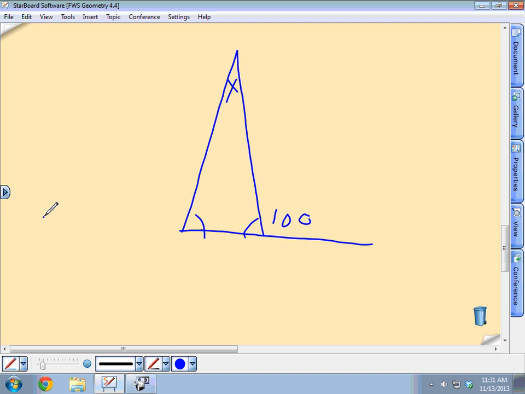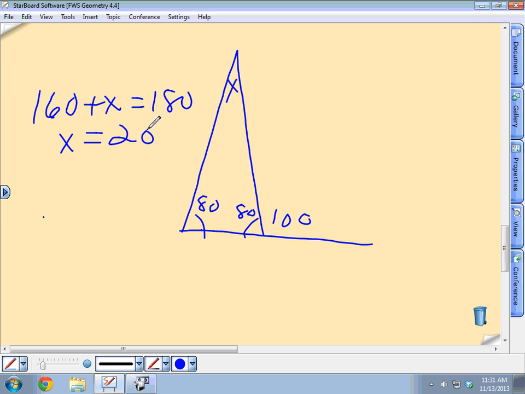This whole angle here has to be 180, right? Okay, yeah. So this one is 80, and then this is 80, right? So what do you got? Okay. So 40 would be x. Wait, 20. Yeah, 20, right? Subtract 160. Okay, I see.